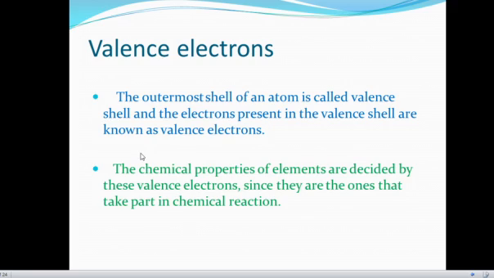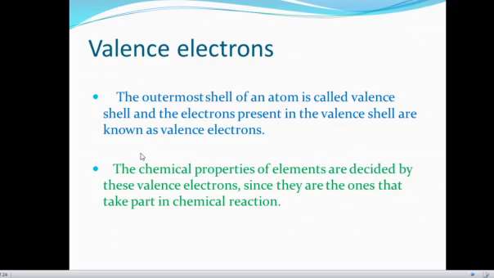Again I repeat, the outermost shell of an atom is called the valence shell and the electrons present in the valence shell are known as valence electrons. For example, hydrogen's atomic number is 1, so its valency is 1.